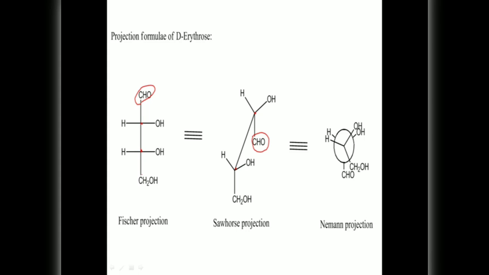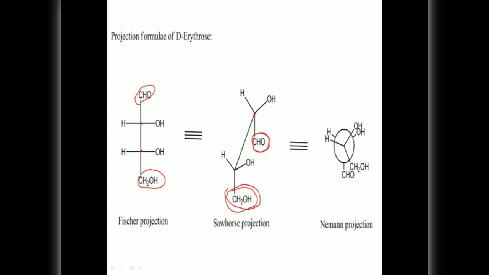CH2OH is down, and CHO is also down. So in the Sawhorse projection formula, the groups which are present on the vertical line must be directed in the downward direction.